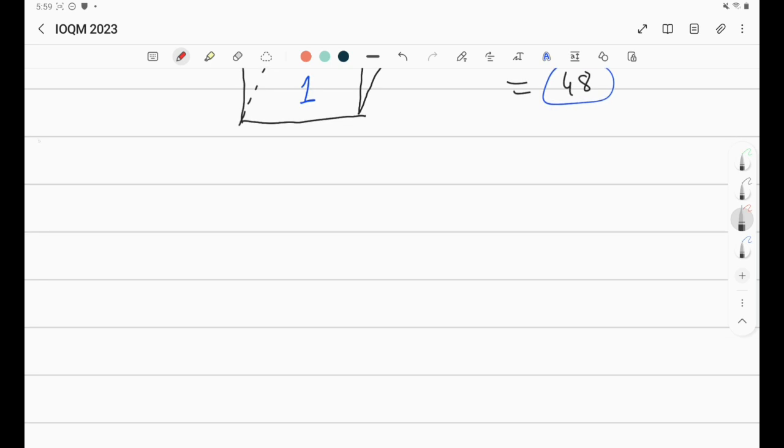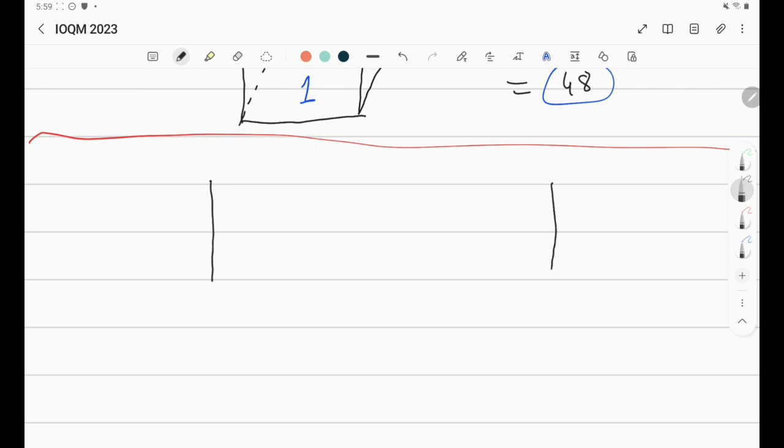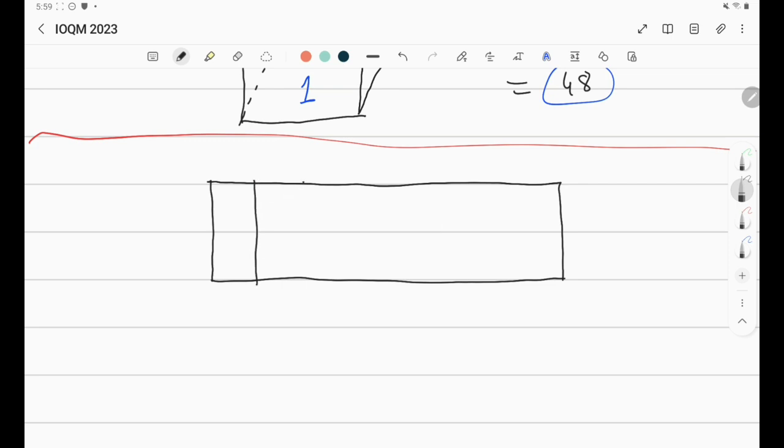Okay, so let's first of all draw that rectangle. One, 2, 3, 4, 5, 6.